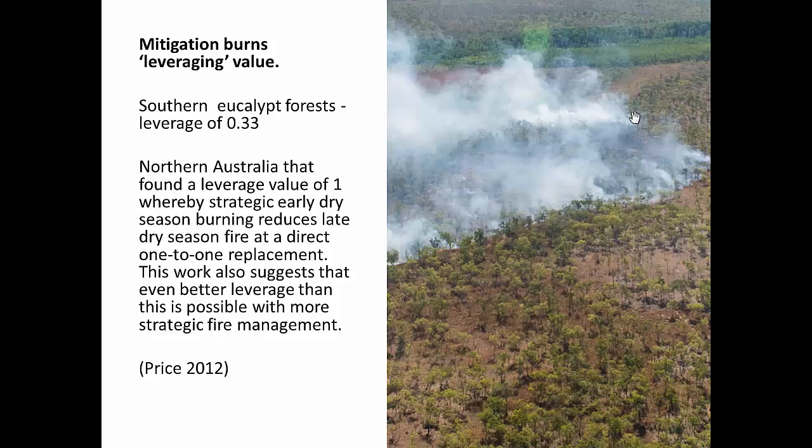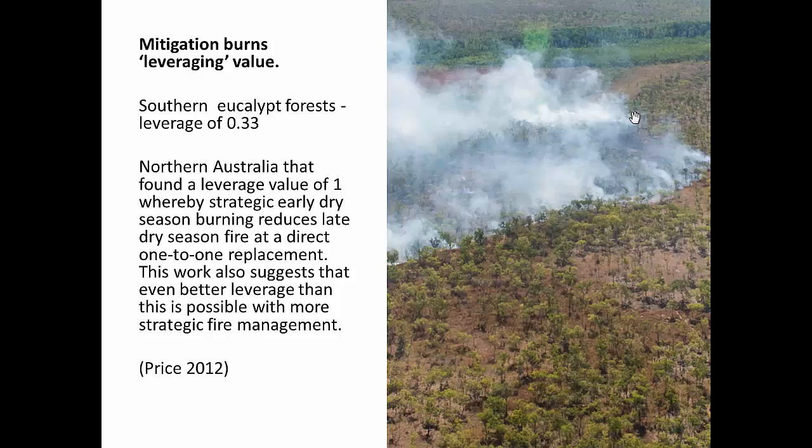In contrast, in northern Australia, they found the leveraging value closer to 1, whereby strategic dry season burning reduces late dry season fires, a direct one-to-one replacement. This work also suggested that more strategic burns could have an even greater leveraging value. So the efficacy of mitigation burns in northern Australia is 3 times more than in southern Australia.